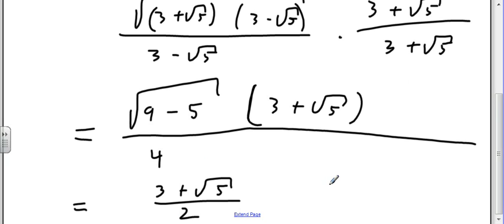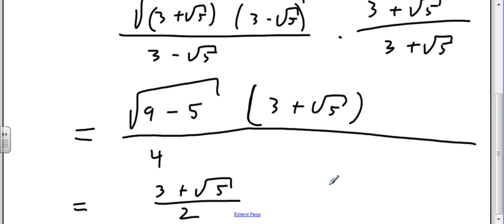Well, that was all right. Let's see if my calculator does that. Clear out of there. Square root of 3 plus the square root of 5 divided by the square root of 3 minus the square root of 5.